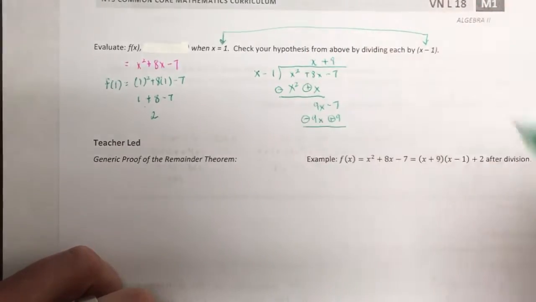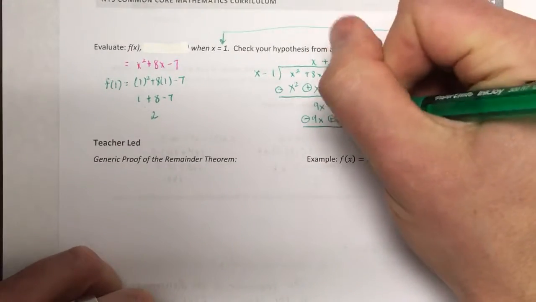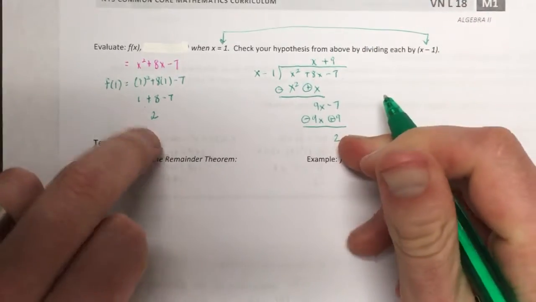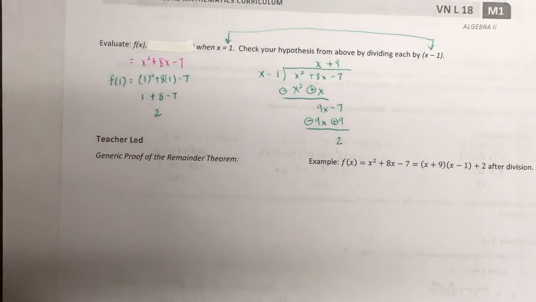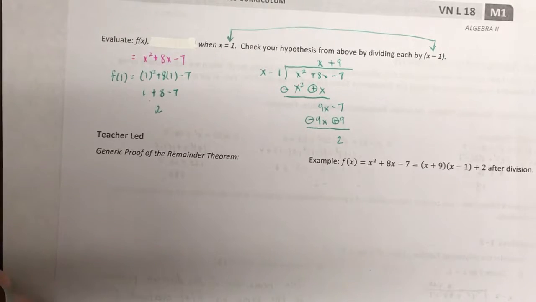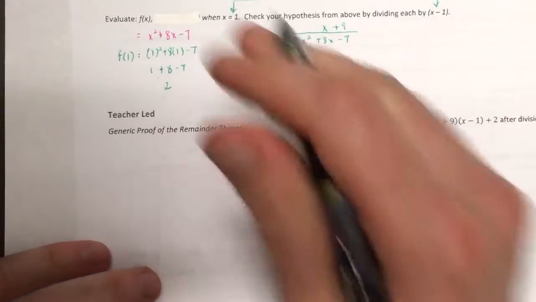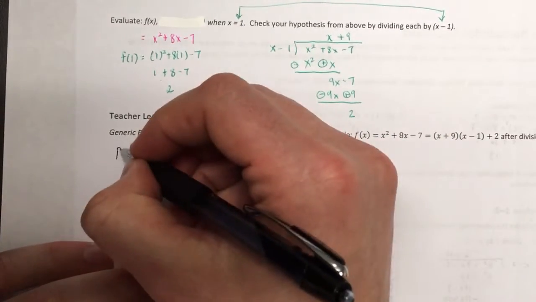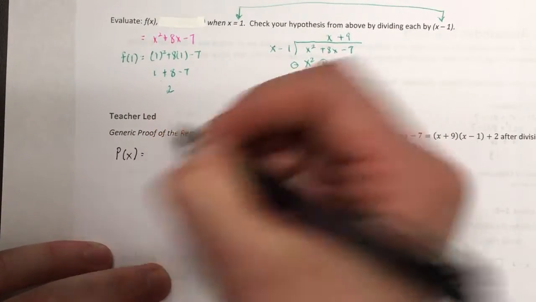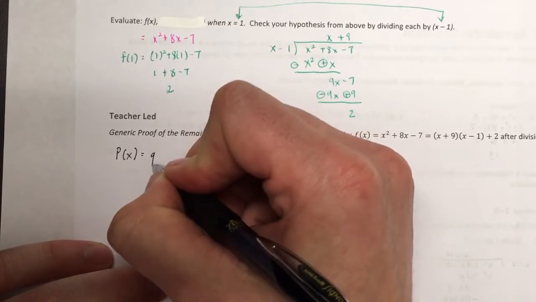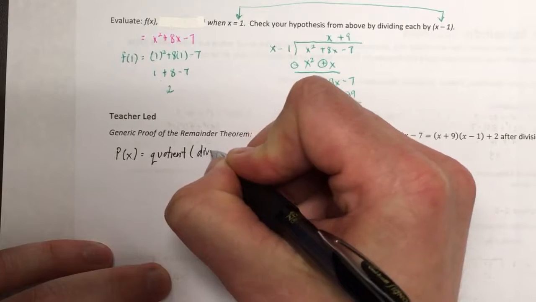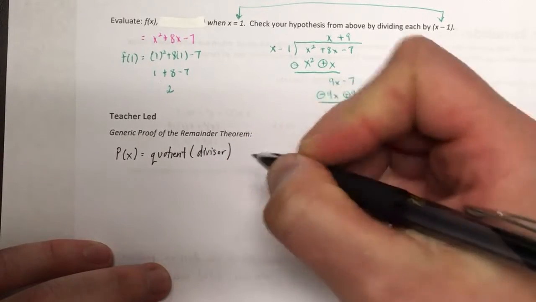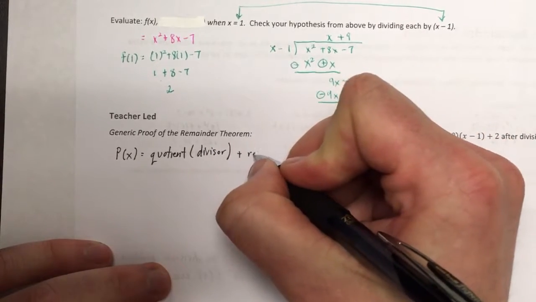Again, I circle whenever I've switched the sign so that I know I've done it. It's sort of like a check for myself, and what I see is that my two remainders act the same. And so what we do is we have this sort of generic general proof, and what I would notice is that I can rewrite my polynomial function as an expression of the quotient times the divisor. We've covered this all along, and occasionally there's a remainder.